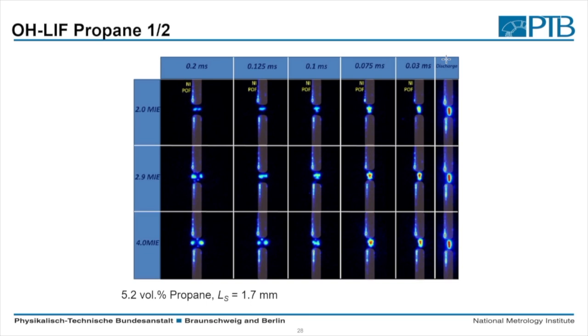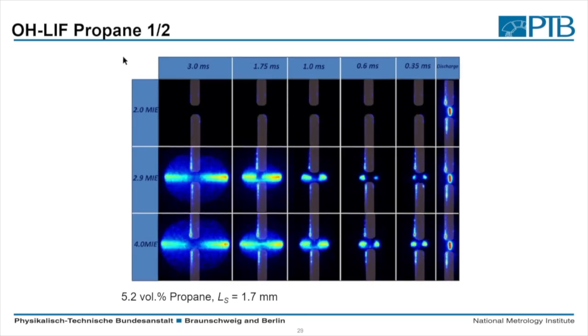Here the flame starts to propagate into the system, and here we see it in more detail. Here no ignition has occurred, so the flame goes out, the initial flame, if there was a flame, and here we see how this flame finally propagates into the system.